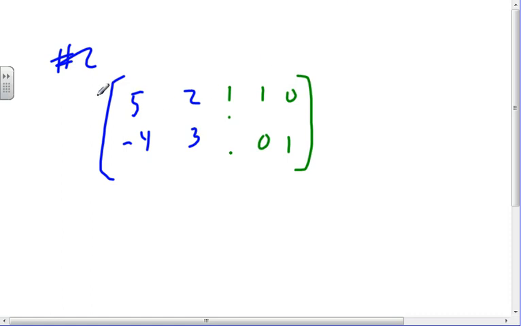I want this first element to be a 1, so I'm just going to multiply my first row by 1 over 5. Now I've got a 1, a 2 over 5, a 1 over 5, and a 0. The second row is going to stay the same.